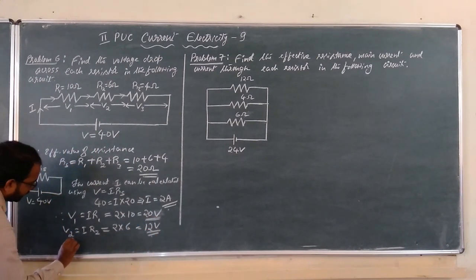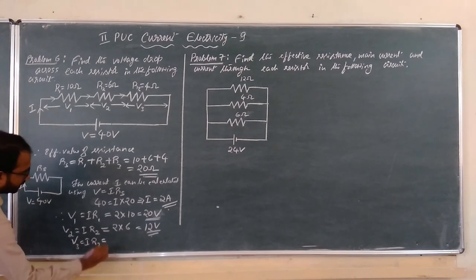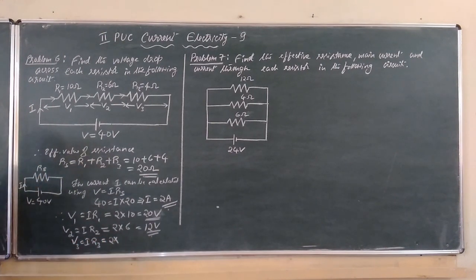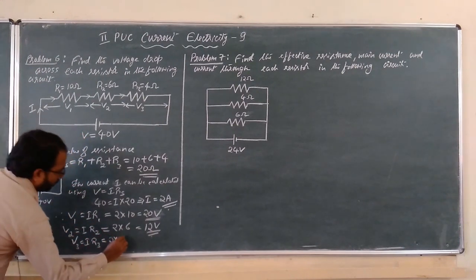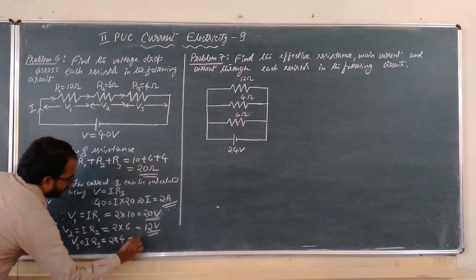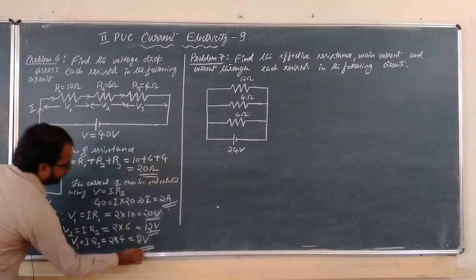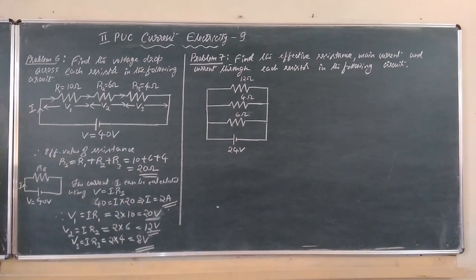And V3 is I into R3, which is equal to I is 2 ampere, R3 is 4 ohm, this is 8 volt. So the potential drops across the resistors respectively are 20 volt, 12 volt and 8 volt.